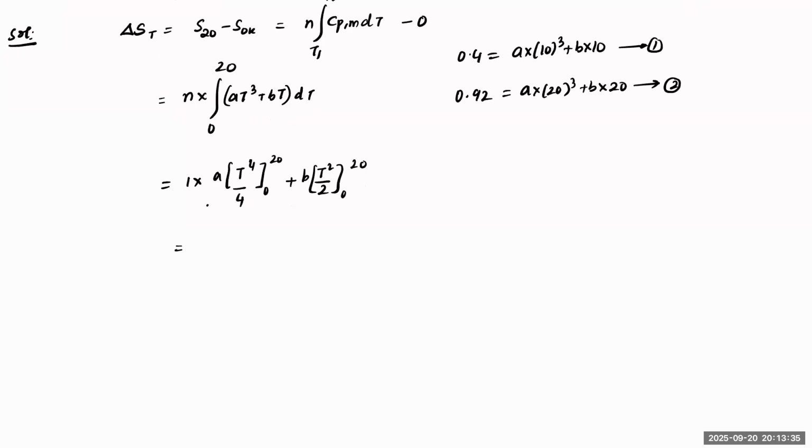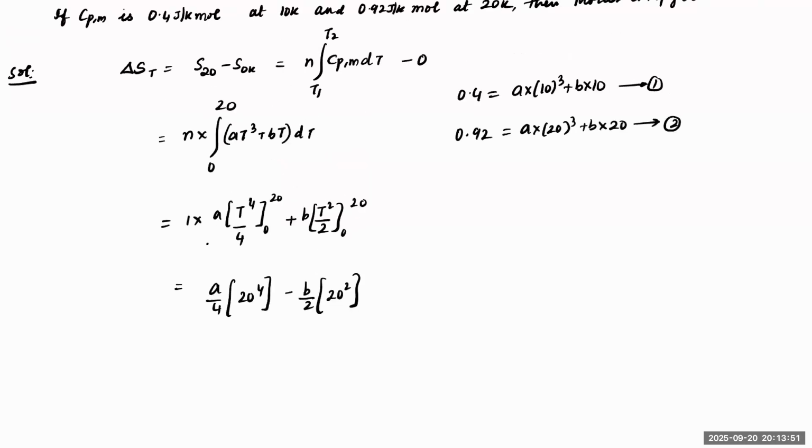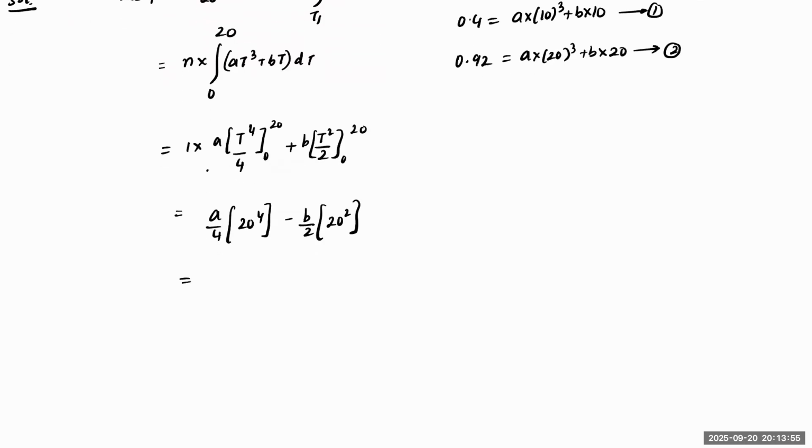So A by 4 into 20 raised to power 4, plus B by 2 into 20 raised to power 2. Solving everything, I'll directly write the value. We are getting 0.813 joules per mole per Kelvin. This is what I'm getting.